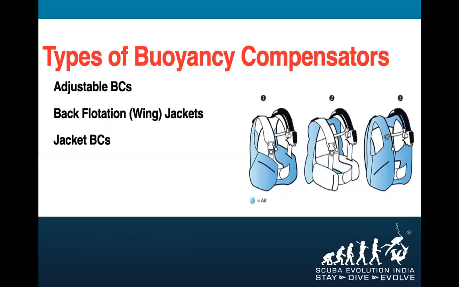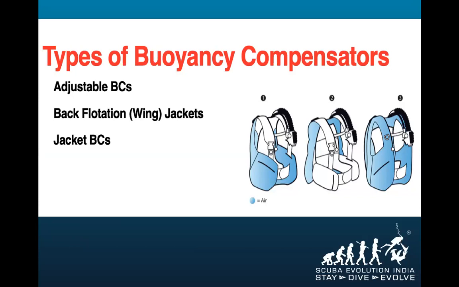The types of buoyancy jackets again make a big difference. You have basically three types in the recreational system: the adjustable, the back inflation, and the jacket BCDs. Most of us use the adjustable and the jacket BCDs in a recreational scenario.